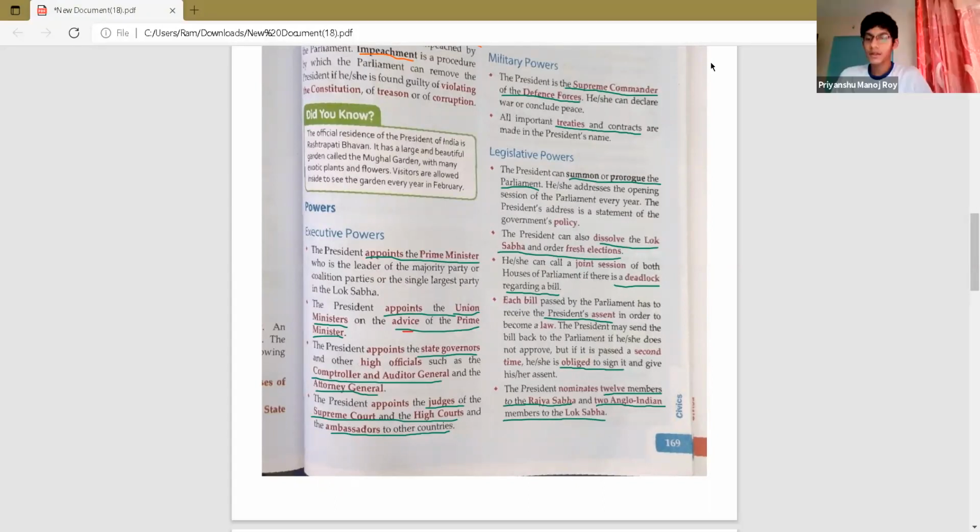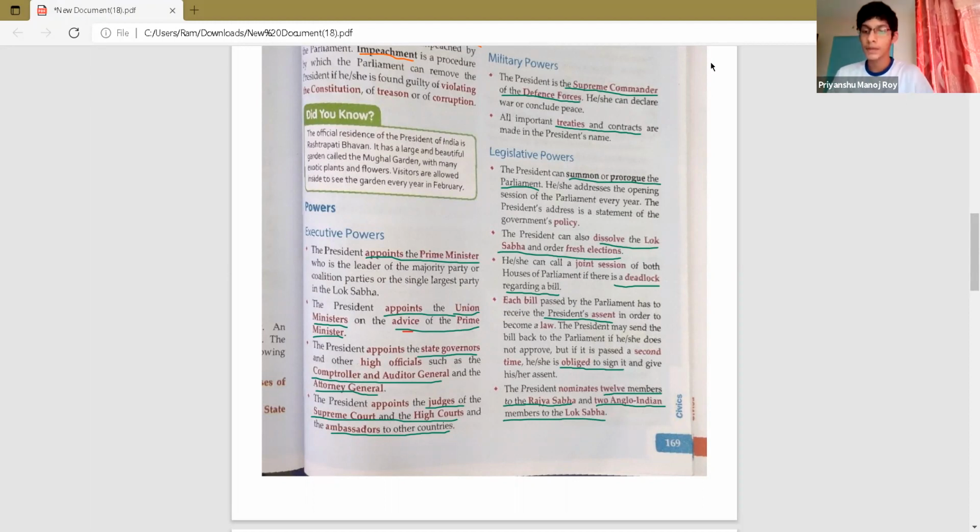And ma'am, the next power is that each bill passed by the parliament has to receive the president's assent so that it can become an act. But if the president declines the bill for the first time, it is fine.